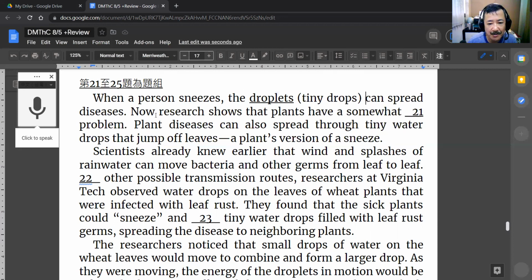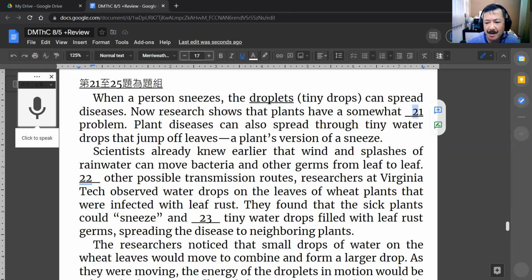Now research shows that plants have a something problem. Okay, so when a person sneezes, it spreads diseases. And now studies have shown that plants have somewhat the same problem, probably, right?